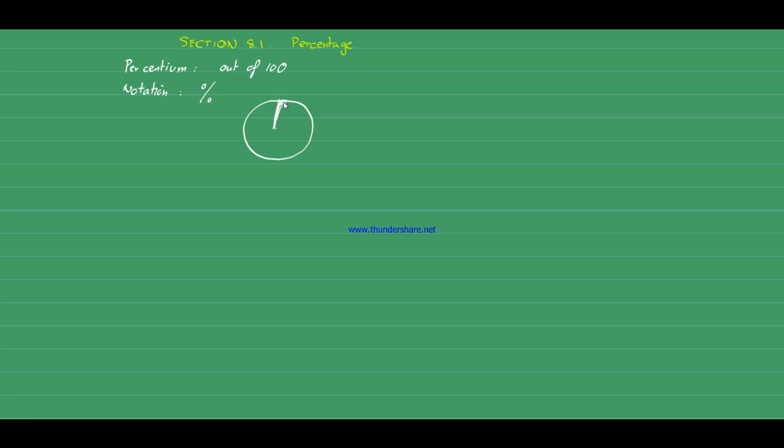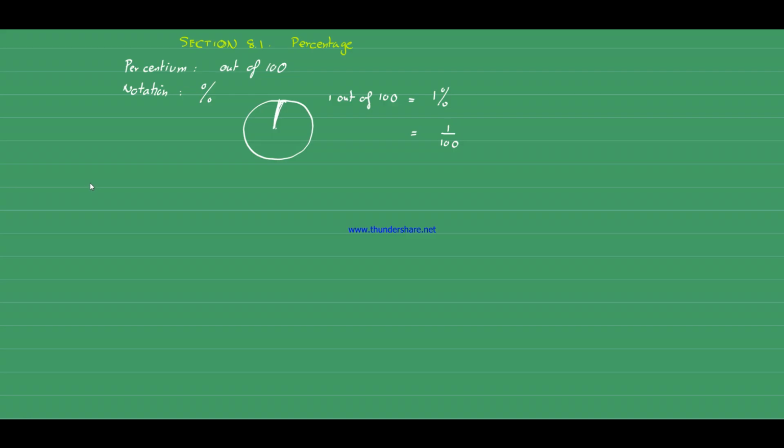So this is 1 out of 100, and this means 1%. Or you can write 1 out of 100 as a ratio, 1 divided by 100. So percentage is like a division, like dividing by 100. 3% means 3 divided by 100. 5% means 5 divided by 100.